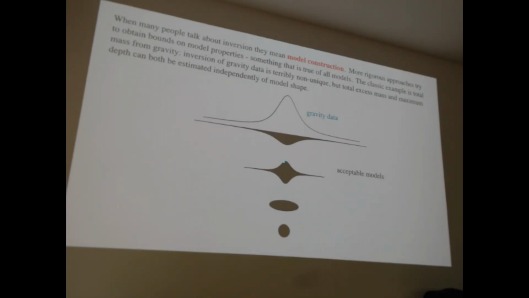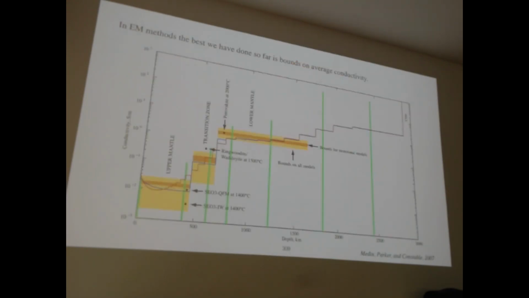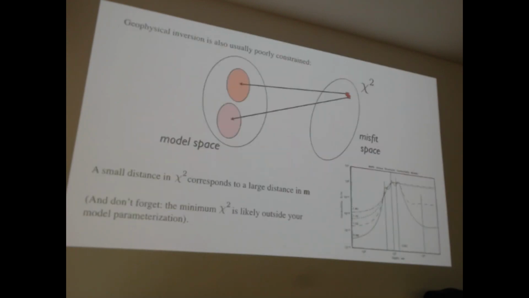The total mass of all these bodies has to be the same. So though you can have any number of models that fit the gravity profile, the actual total amount of density anomaly is given by the gravity data.